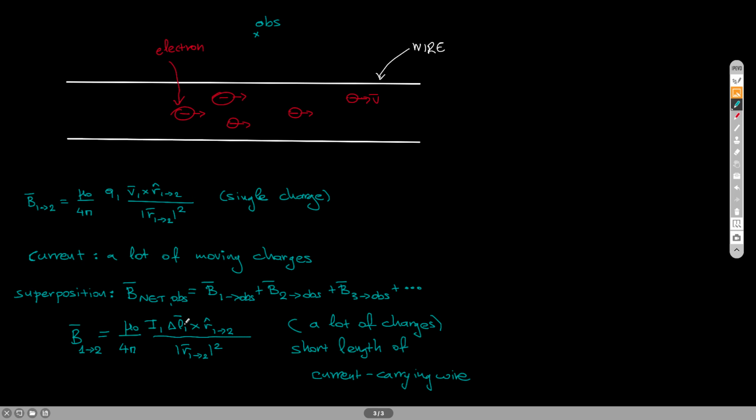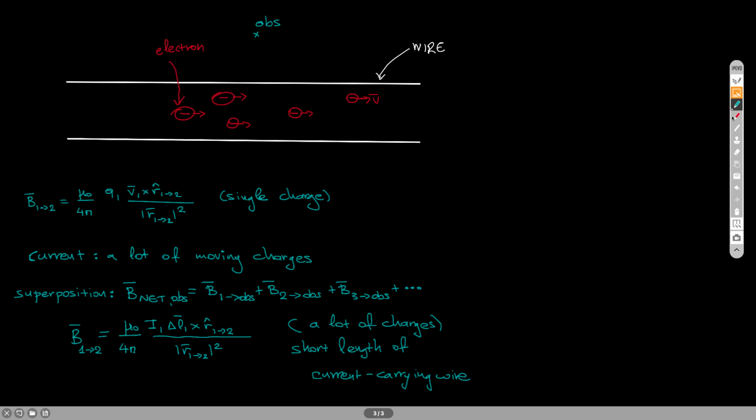So how can you prove this expression? Just take this and multiply it with n, the number of charges that you have at that location, and then you will get this. Now, what are all of these symbols? That's the constant 10 to the minus 7, the same constant as before. I1 is the current, the conventional current that you have flowing in your wire, like this one.